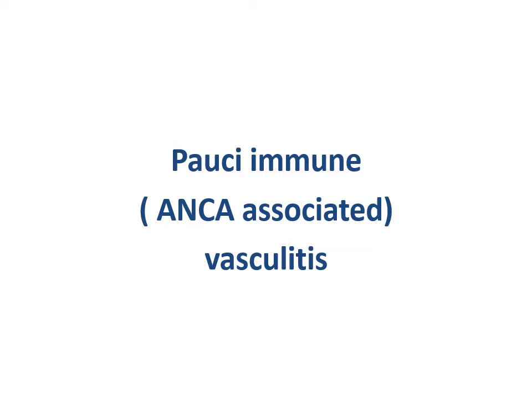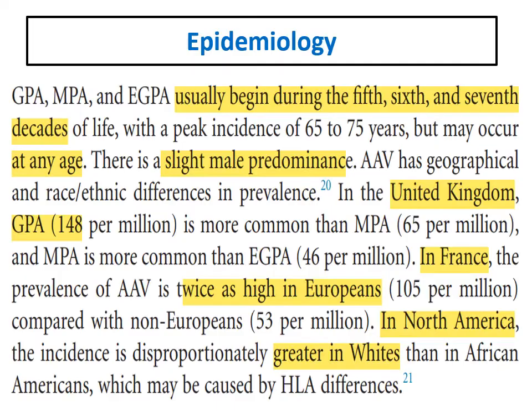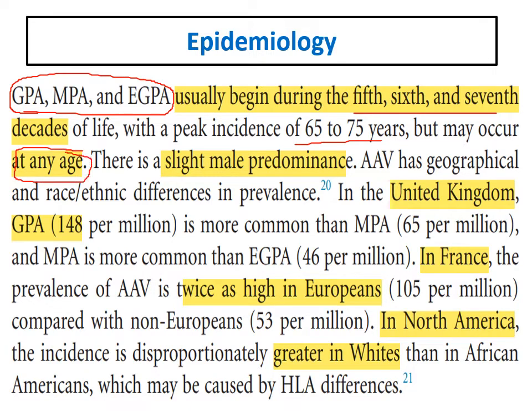Now let's go in depth with our main topic, pauci-immune or ANCA-associated vasculitis. The epidemiology: the main three types of ANCA-associated vasculitis, Wegener, microscopic polyangiitis, and Churg-Strauss, usually affect the 5th, 6th, and 7th decades, with a peak incidence at 65 to 75, but never forget that they can affect any age.